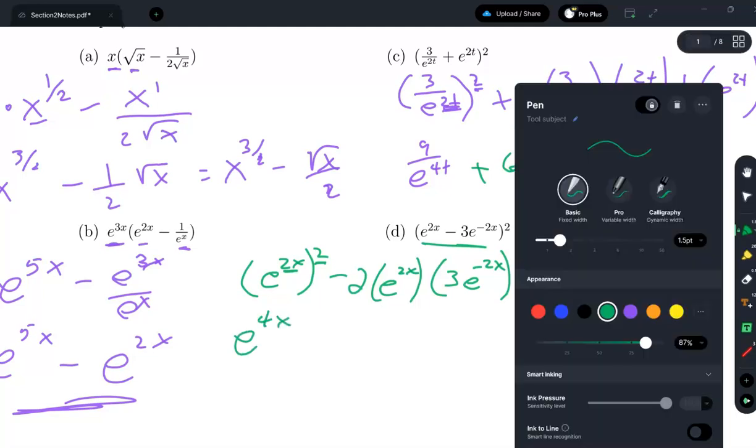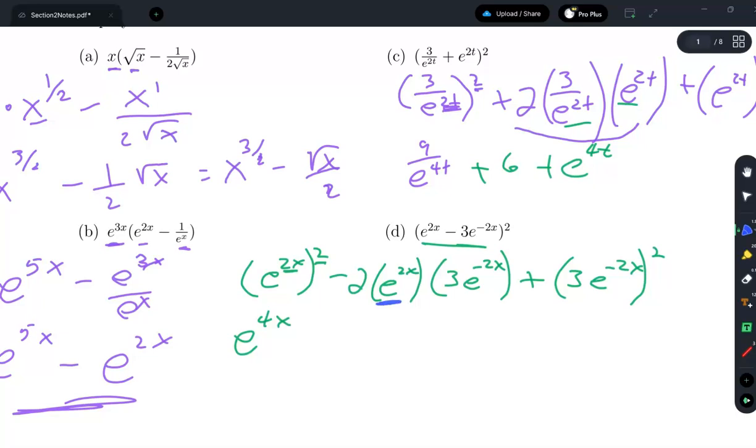And then here you can see it. When I multiply e to the 2x times e to the negative 2x, that gives me e to the 0 because I add those exponents. So that gives me minus 6. And then here I square each of these terms. So 3 squared you know is 9. And then I'm going to square this, so that means multiplying. So I get e to the negative 4x.